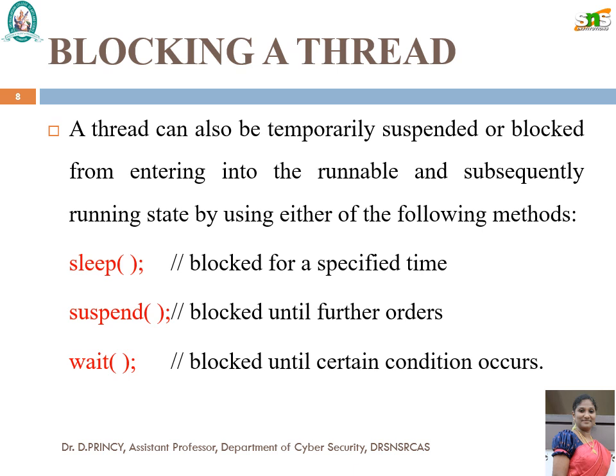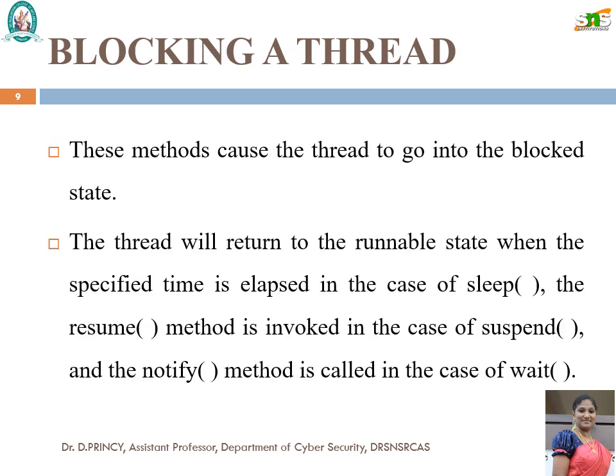The methods used for moving the thread into the blocked state are the sleep method, suspend method, and wait method. These methods cause the thread to go into the blocked state. The thread will return to the runnable state when the specified time has elapsed in the case of the sleep method, the resume method is invoked in the case of the suspend method, and the notify method is called in the case of the wait method. Thank you.